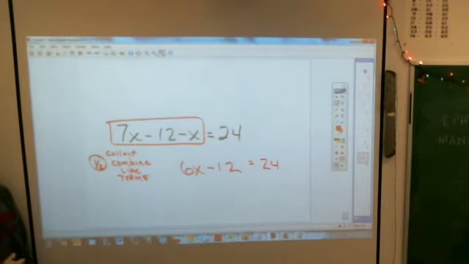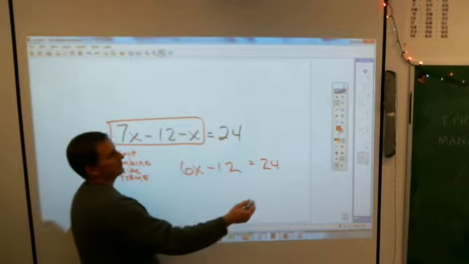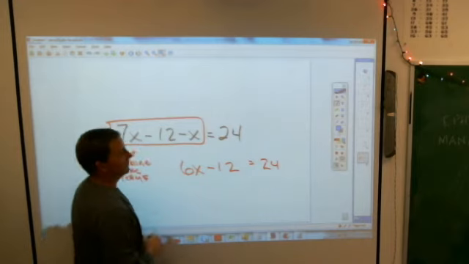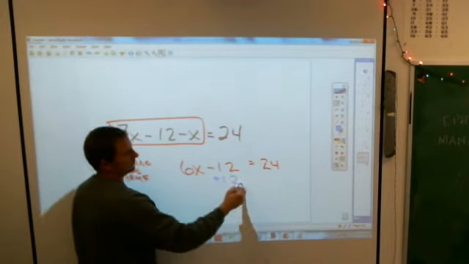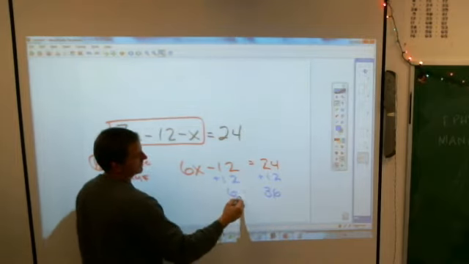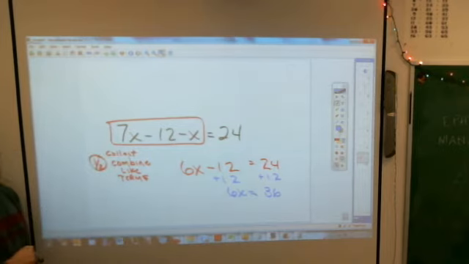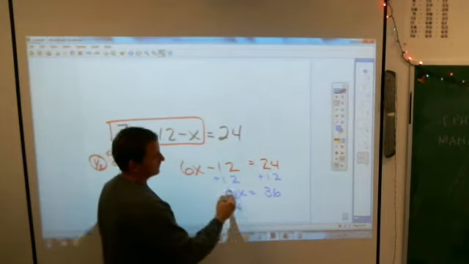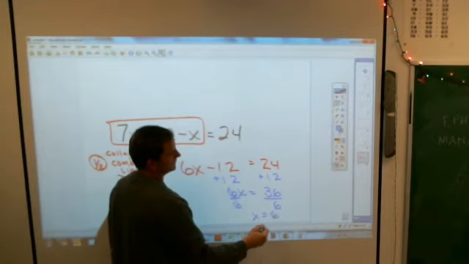The first thing I'm going to do is add what? 12, right? I want to get rid of this 12, do the opposite, add 12. That gives me 36. 6x equals 36. And solving it then becomes dividing by 6. X equals 6.